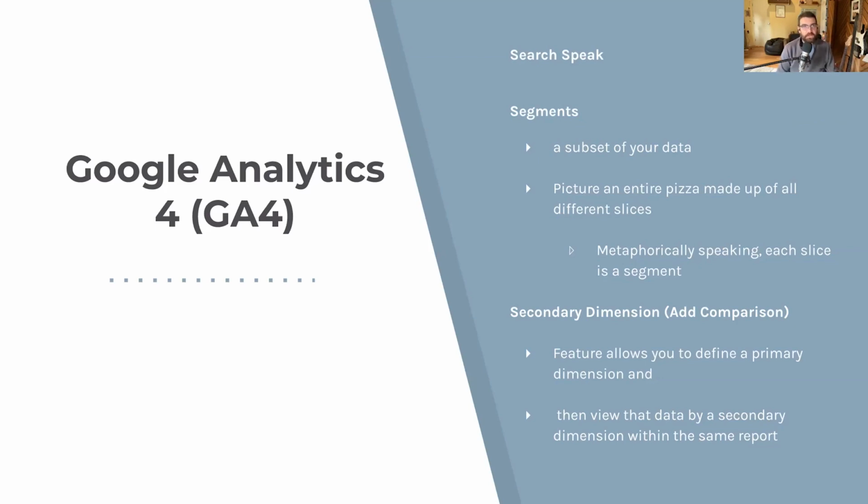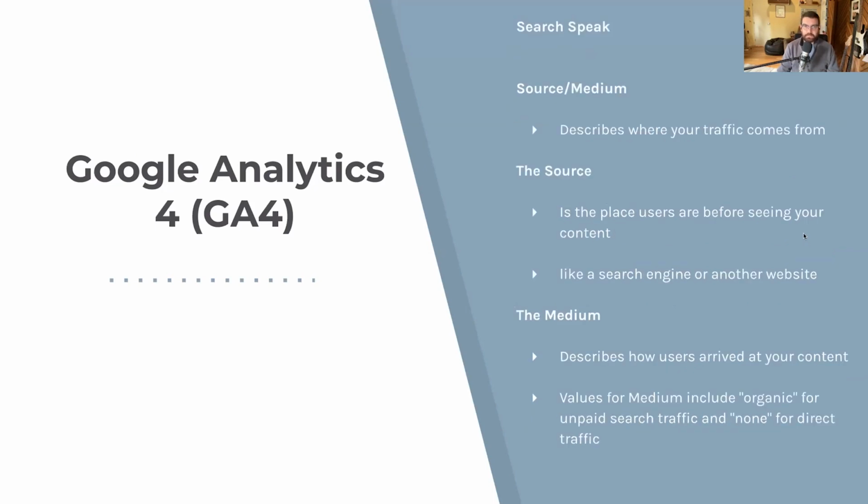You definitely want to have a healthy amount of people coming. So you're seeing, oh, 30% of my users are new users and 70% are returning. That might be information you want to know because you want to make sure that you're getting new people to your site, and then they might come a couple times.